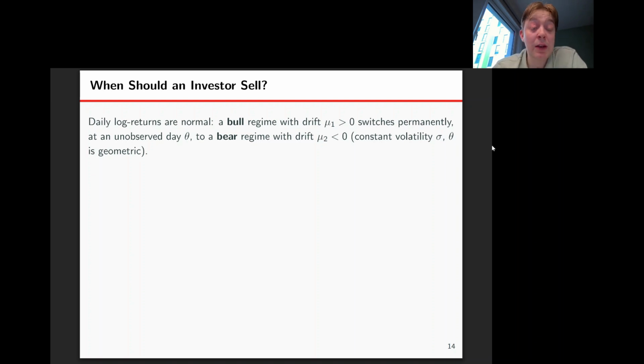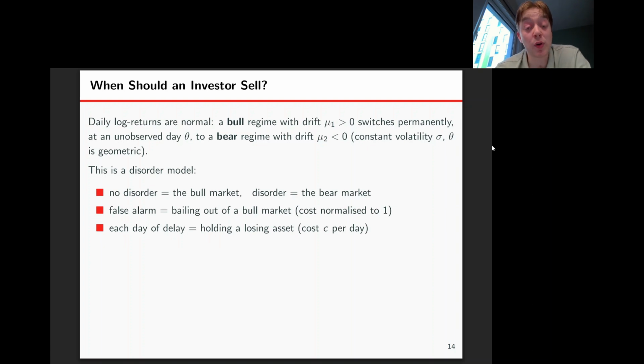If we assume that daily log returns are normal, which is a standard assumption to make, and we define a bull regime to have positive drift, mu1 is positive, which switches permanently at an unobserved disorder day theta to a bear regime, mu2, which has negative drift, and we make all the other standard assumptions made in financial mathematics, such as constant volatility, and we assume, as we have throughout the project, that our disorder day theta is geometric, we see that this is exactly the disorder problem that we were describing above, where the mechanism of no disorder is the bull market with positive drift, and the disorder happens when we switch permanently to the bear market with negative drift.